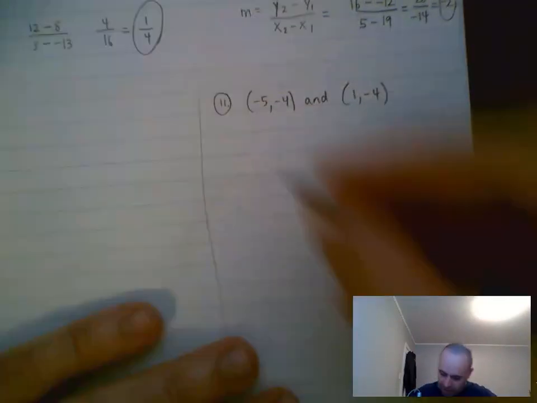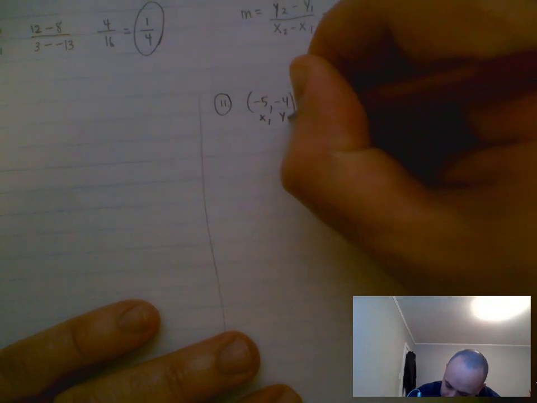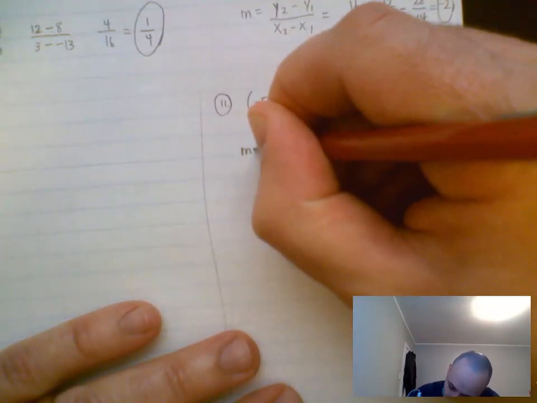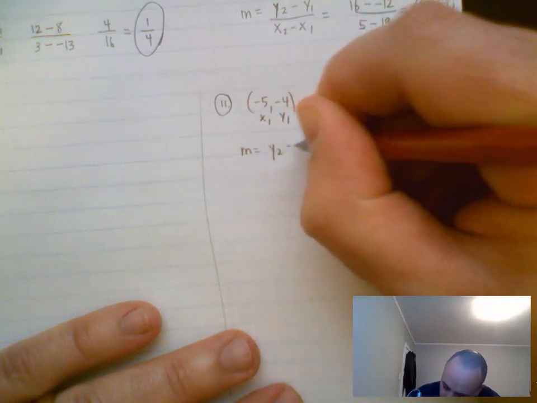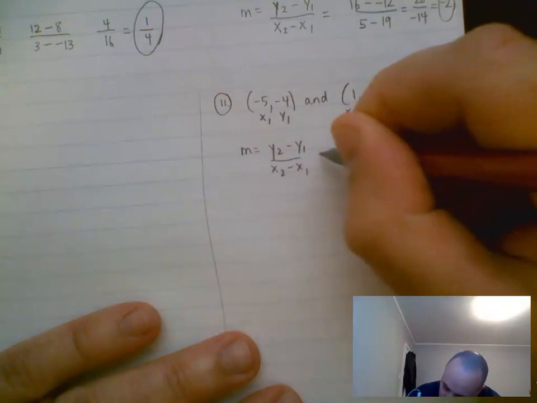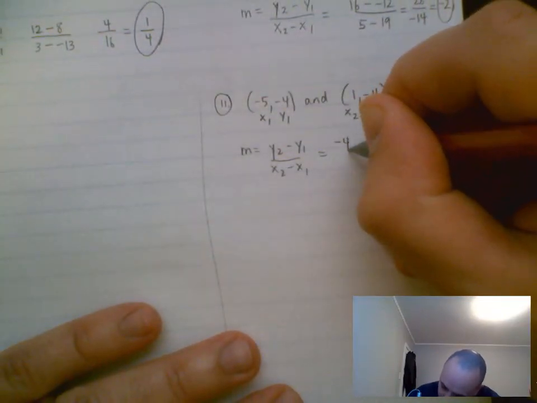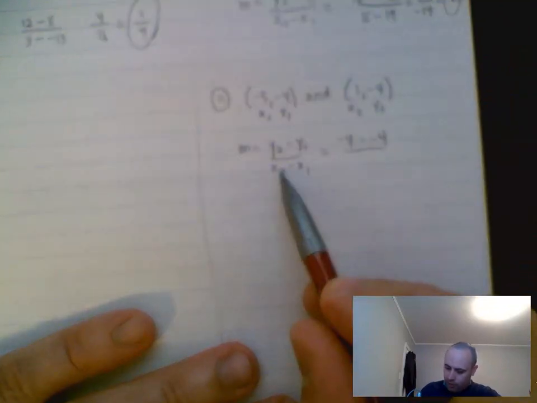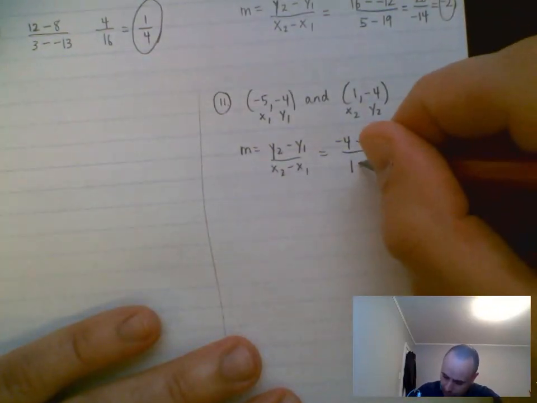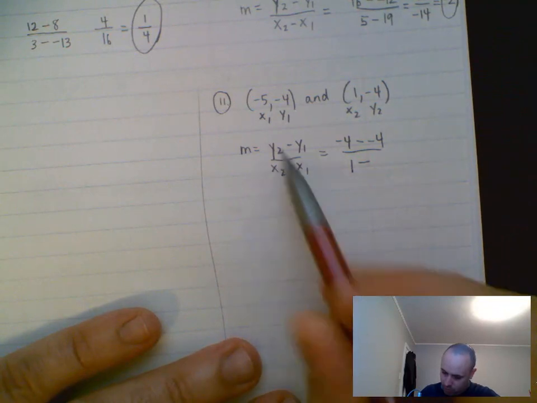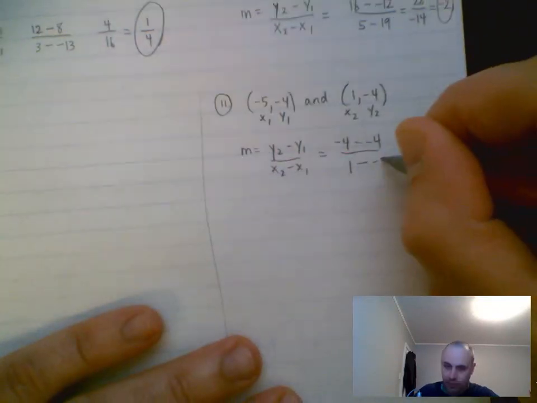Okay, so I'm going to go through this a little quickly. X1, Y1, X2, Y2. So in this case, it's going to be negative 4 minus negative 4 over 1 minus negative 5.